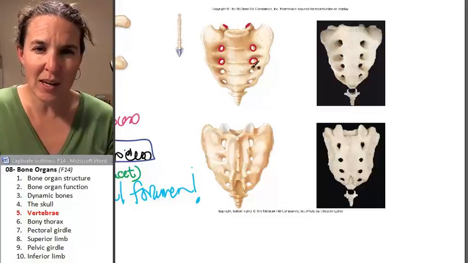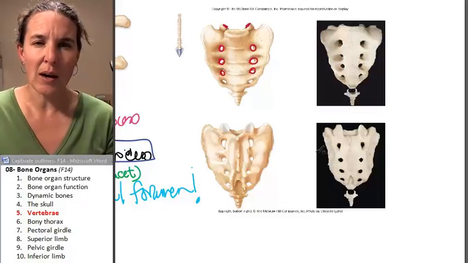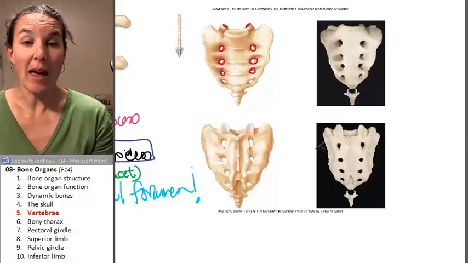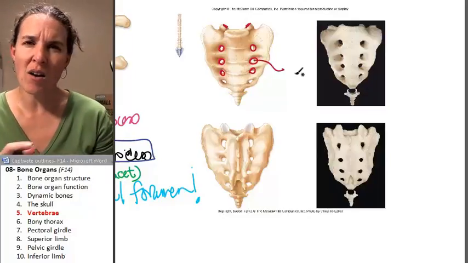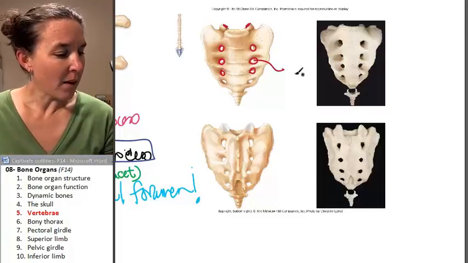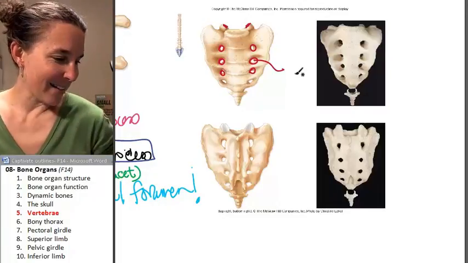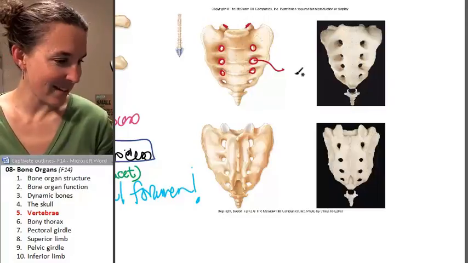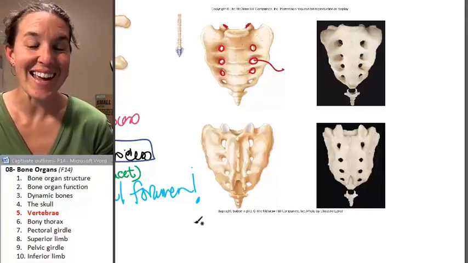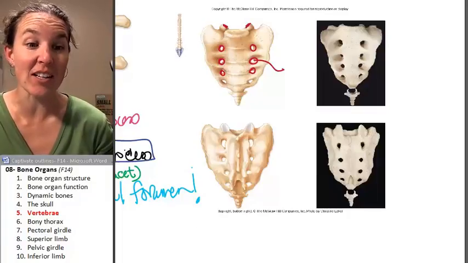So the sacrum, again, it's just a fused stack of 5 vertebrae, and those sacral foramina are the remnants of the intervertebral foramina. I think that's everything. You know it is. All right, now let's do the bony thorax, including the ribs.